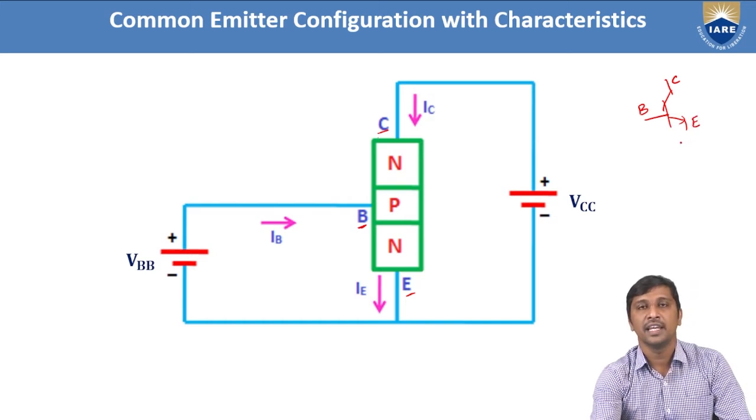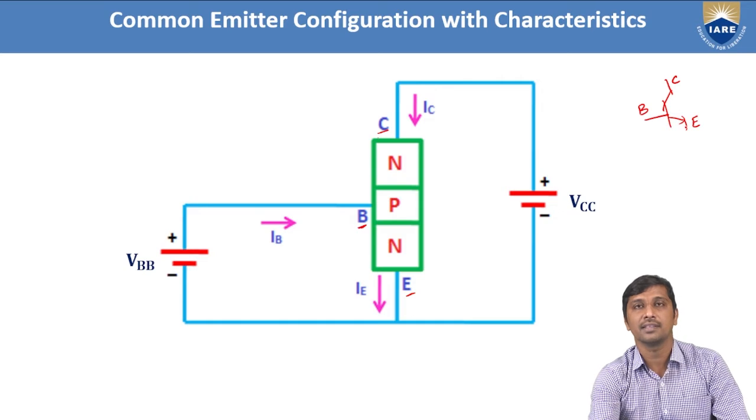In an NPN transistor, the current flow is outside the region, so the arrow mark points outward. Because at the emitter side the majority charge carriers are electrons, the electrons diffuse from the emitter to the base and the collector. Hence the conventional current flow direction is opposite, so the current flow direction is outside the region in the NPN transistor.